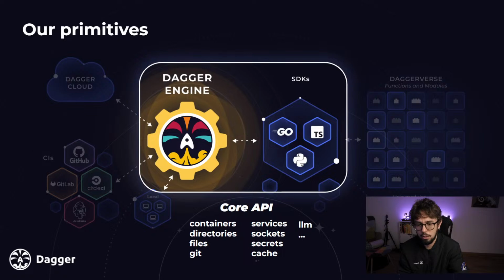They go from containers, directories, files. These are easy, right? So containers is the API to spawn and create and build containers. Directories and files are needed because since you are sandboxed, you are inside the runtime, you want to bring something new inside, or something from the host, or take something from inside the sandbox and bring it to the host.